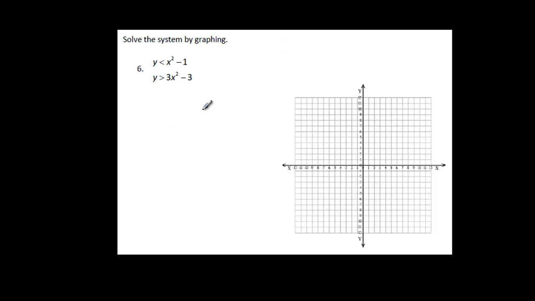Okay, number 6. We're going to want to solve this by graphing. So for the vertices, the first one is going to have a vertex at 0, negative 1. And let's plot a few more points on this one.